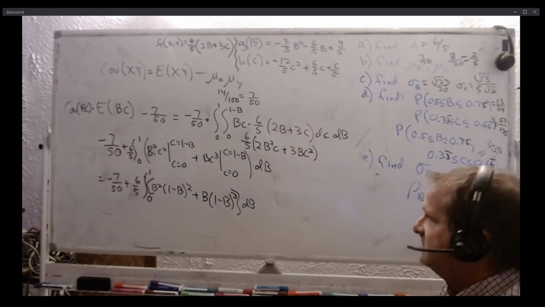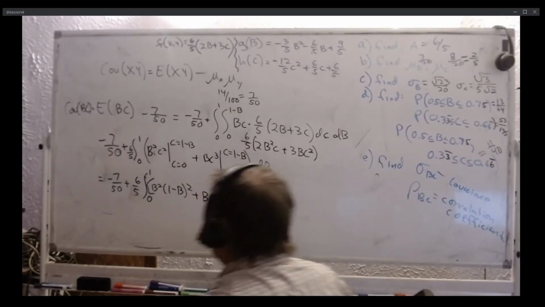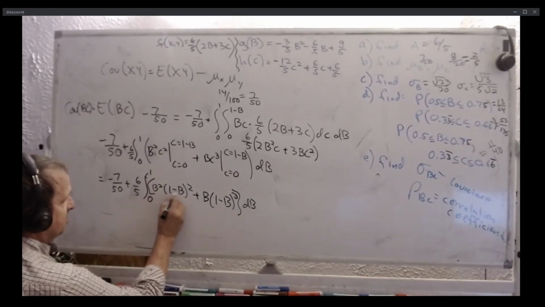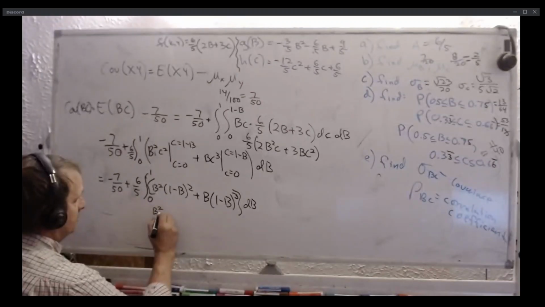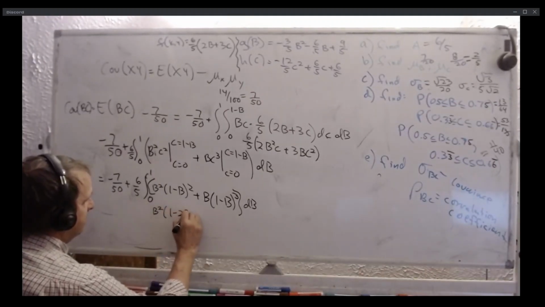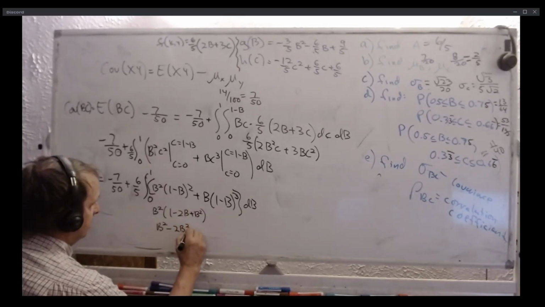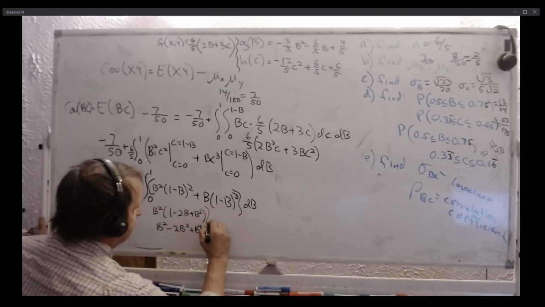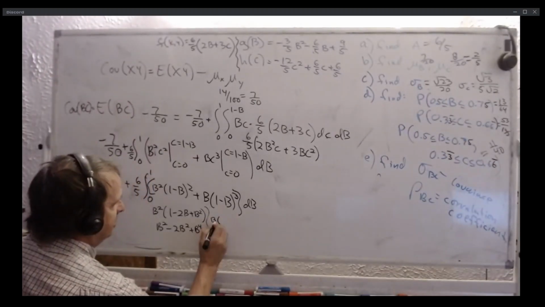Yes, it looks daunting, and to be honest with you, it is. But it might not be as bad as we think, okay? Multiply this out, this 1 minus b, okay? Yeah, b squared times 1 minus 2b plus b squared, which is going to go to b squared minus 2b cubed plus b raised to the 4th power. This goes to b times the quantity, you have to cube it, right?